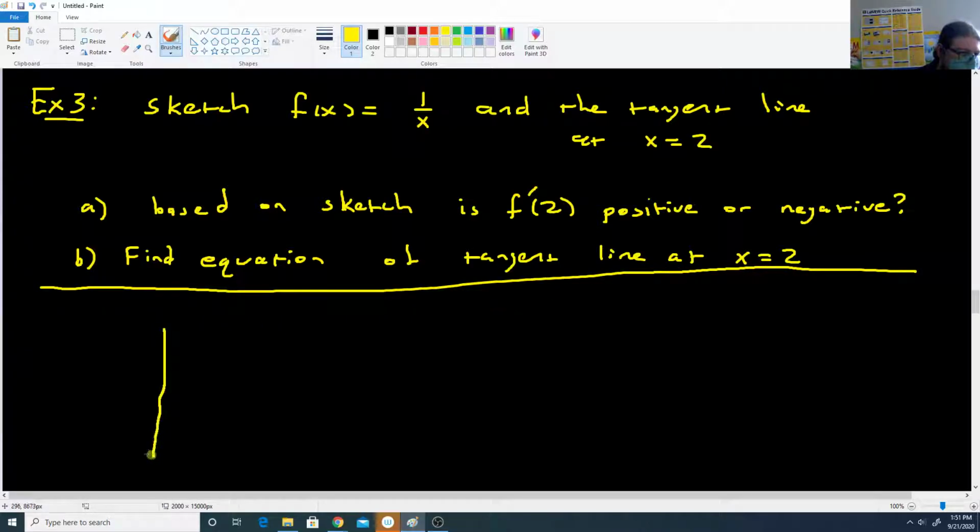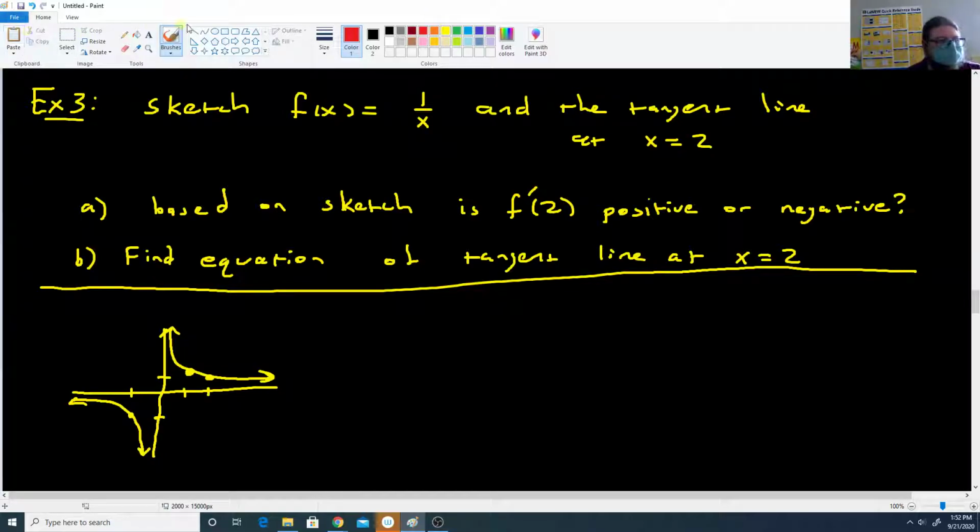That's the reciprocal function, and its graph looks basically like this. This will have the point 1, 1 on it, and it'll have the point negative 1, negative 1 on it. So we go out here to the point x equals 2, and that's where we want to sketch our tangent line.